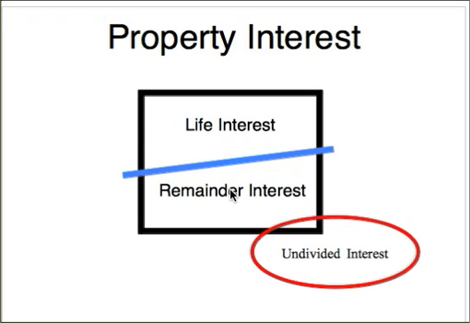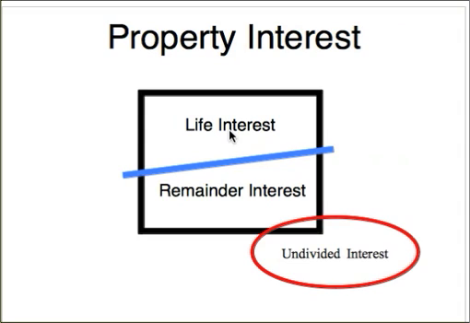So you can take one single property and create ownership among different people at the same time. So there are 2 or more people who own the whole thing together on some sort of proportional basis, which means they have an undivided interest. And that's also known as concurrent ownership.